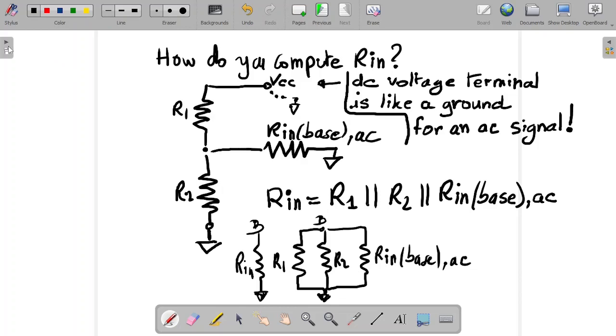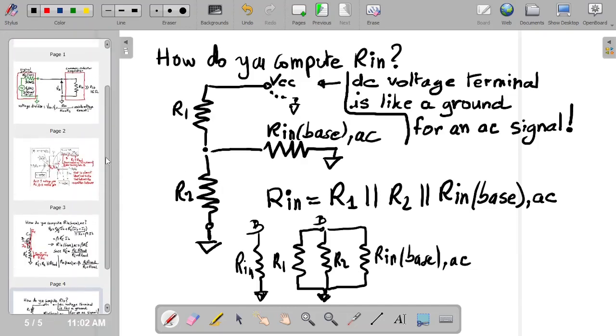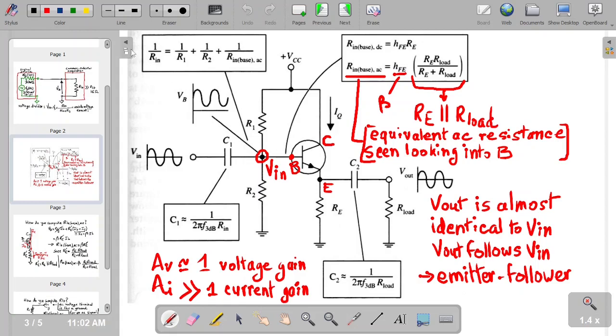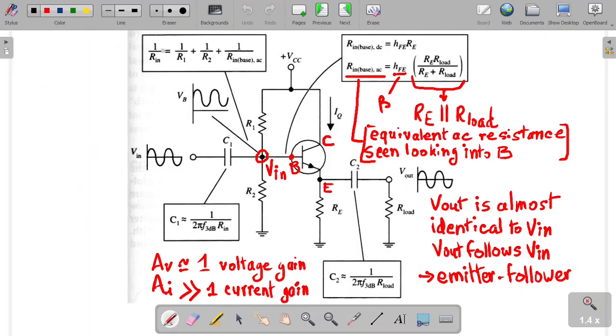It's very simple. So when you go back to that thing here, you have 1 over Rin equal 1 over R1 plus 1 over R2 plus 1 over Rin base AC. Well, it's because when you look at the whole thing and you want to see the AC equivalent resistance from B to ground, you see R1, R2 and Rin base AC in parallel.